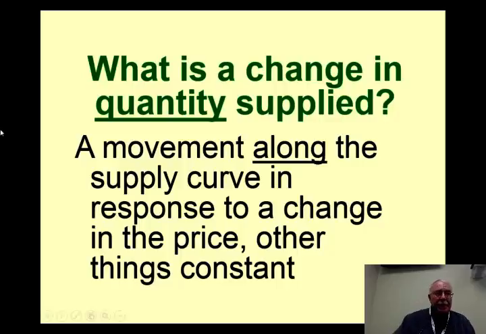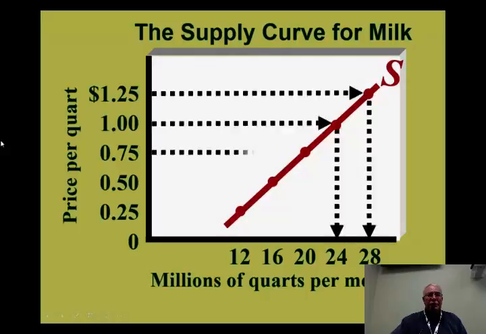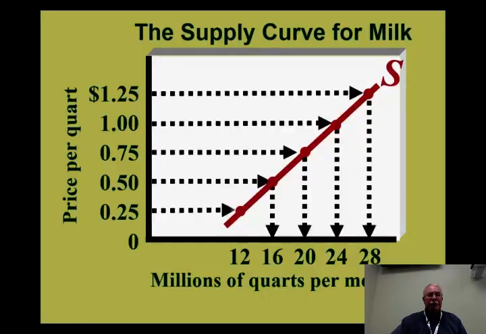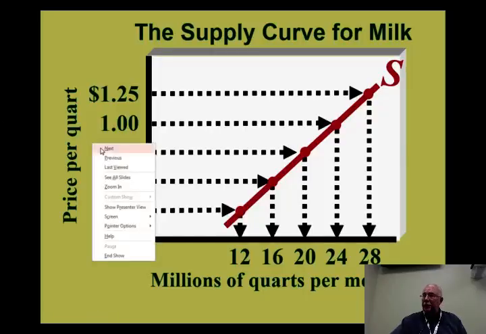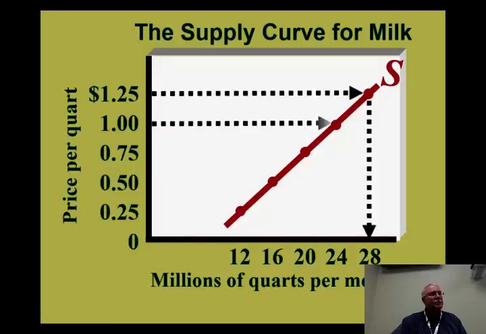So here's a picture of a decrease in the price, looking at a supply curve. As price went down, did anyone see supply change?